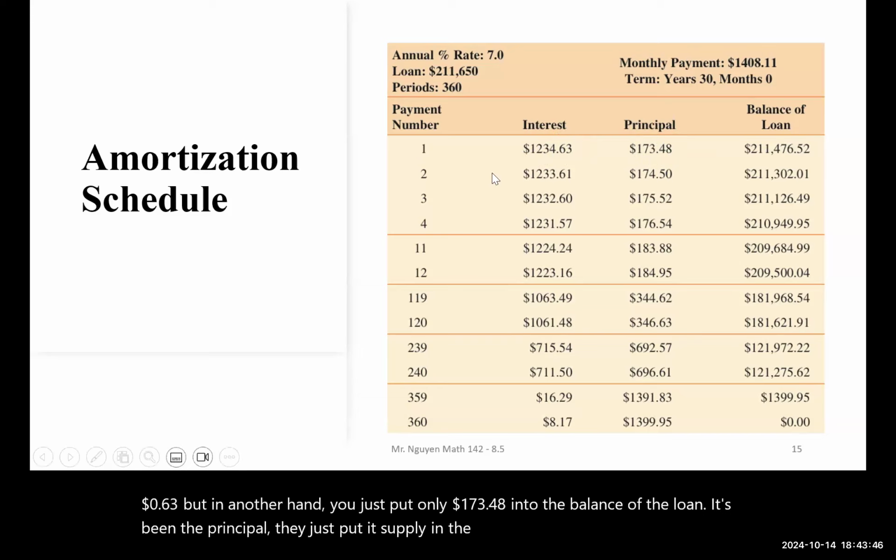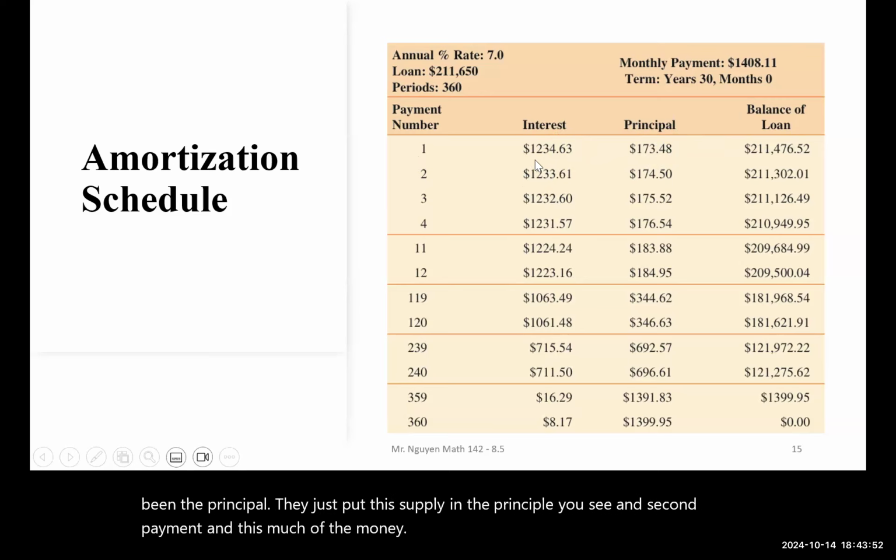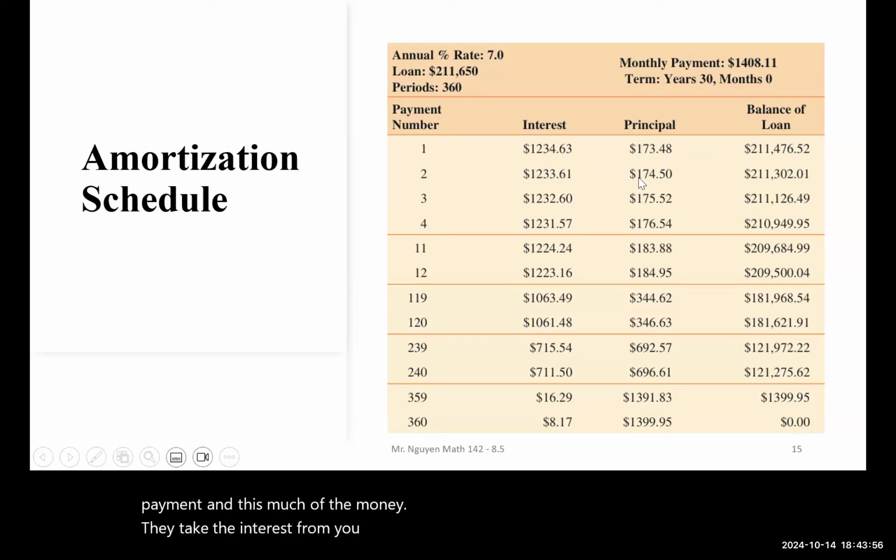You see, on the second payment, this much of the money they take as interest, but they put just a little bit, $1 more, into the principal. And you will see this all the way up to the 119th payment.